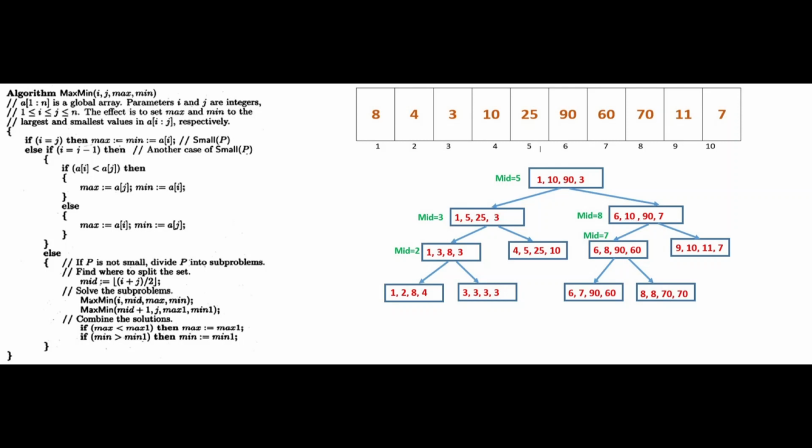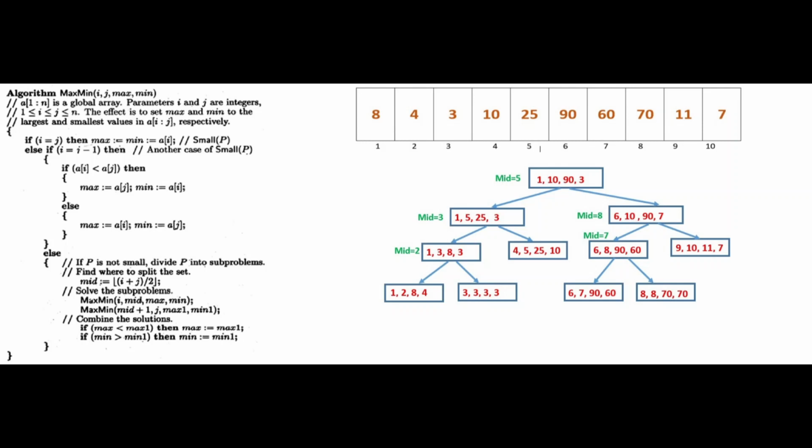For example, the node with mid equal to 2. Here i is equal to 1, j is equal to 3. From a of 1 to 3, there are 3 elements, 8, 4, 3. From those elements, the maximum value is 8 and the minimum value is 3.